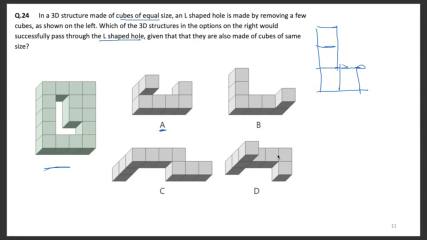Can I generate the view when I look at A from the bottom, or from the side, or from this side, which will easily fit into this void or hole that is provided?